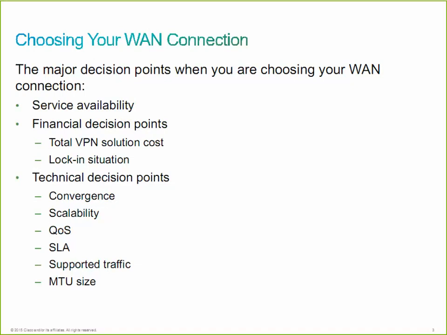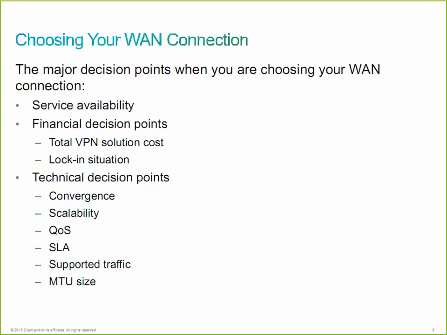When you establish a layer 3 VPN, it becomes a lot more difficult to change service providers because you may have to readdress all of your CE devices, you may have to establish new routing policies, you may have to even establish new design elements, right, and add components to the network. So this long-term lock-in is something that gets created when you commit yourself to a particular VPN technology.